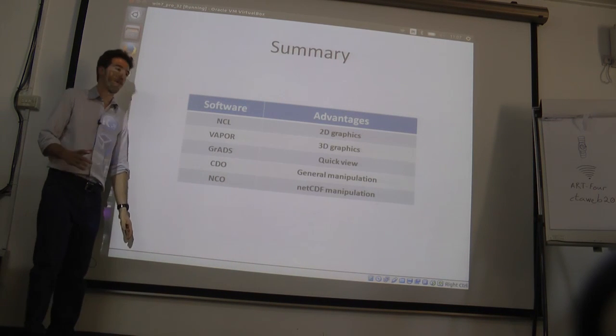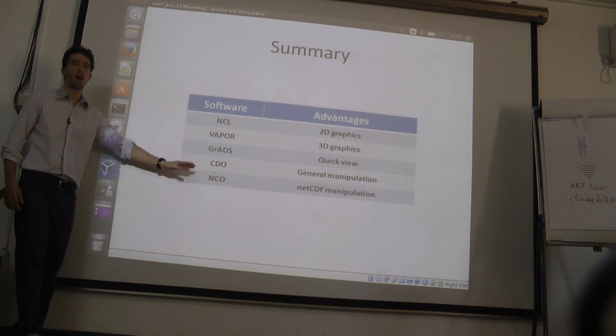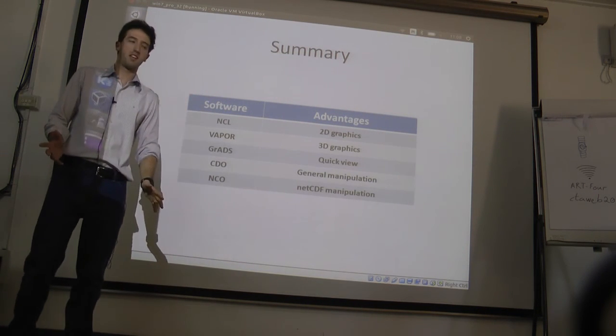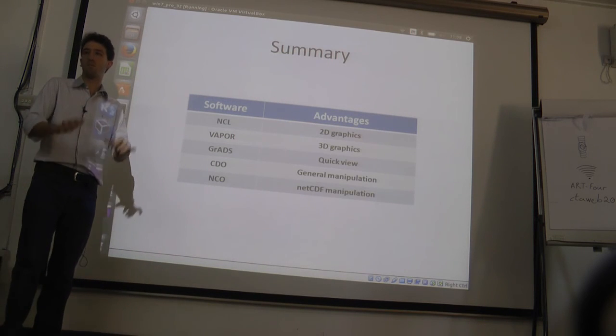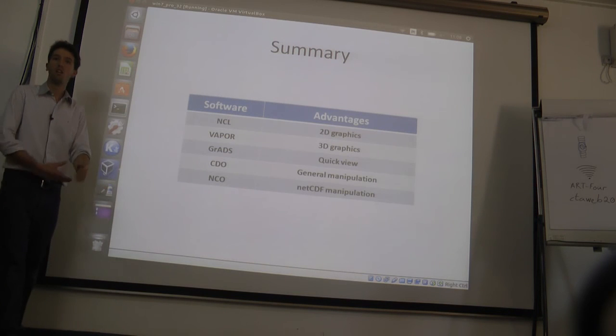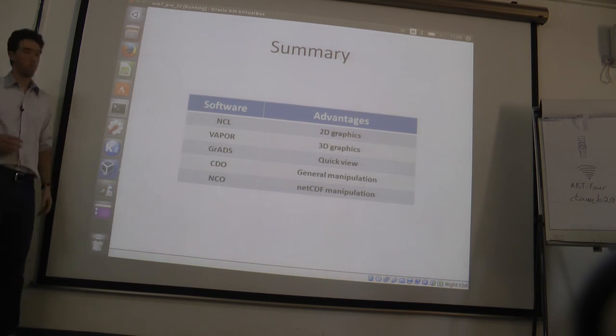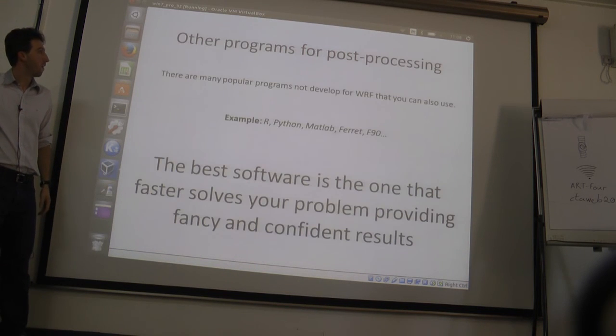If it's a NetCDF file, NCO is the best, but if it's a file that is not NetCDF, a file that you created by hand, then CDO is a good software to use and manipulate it.